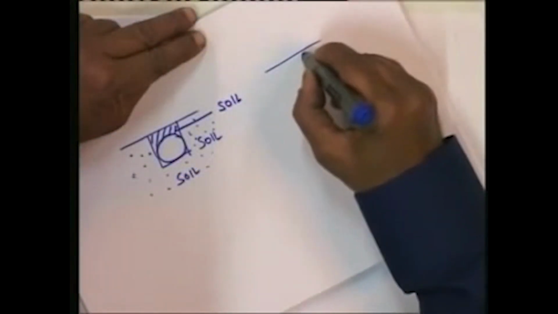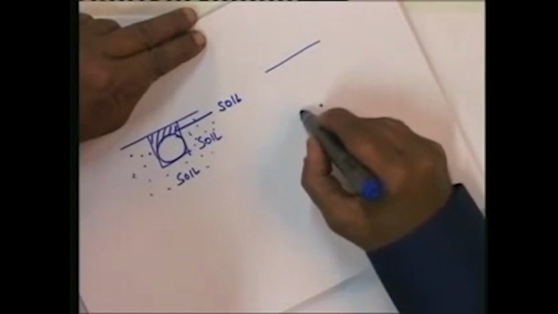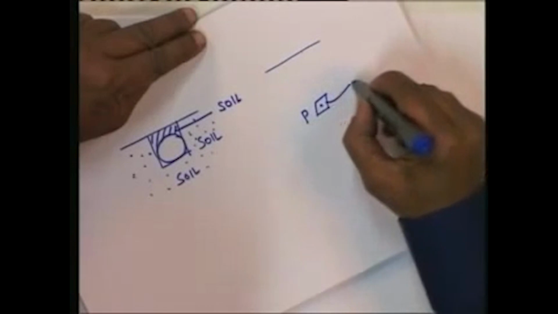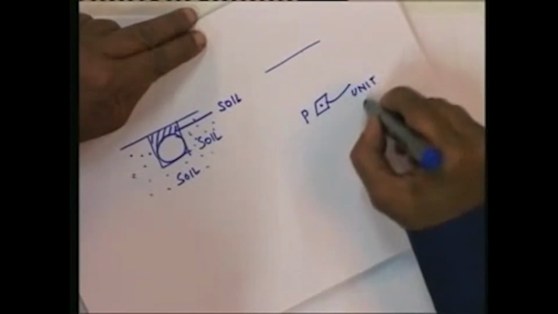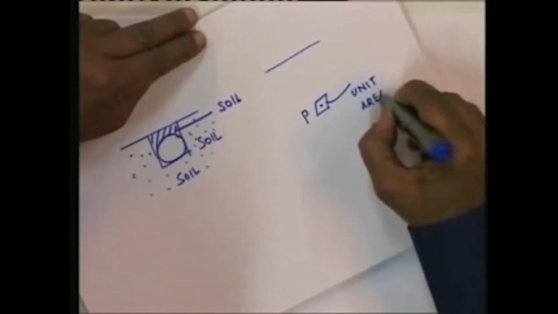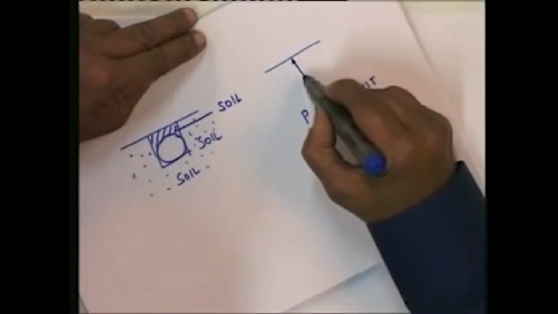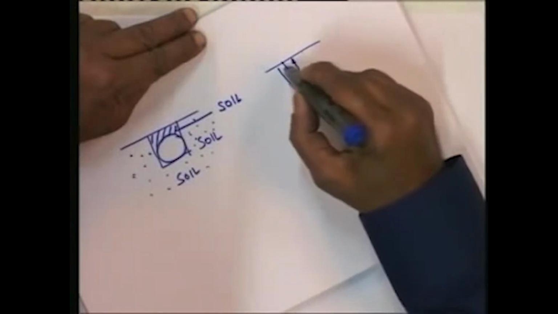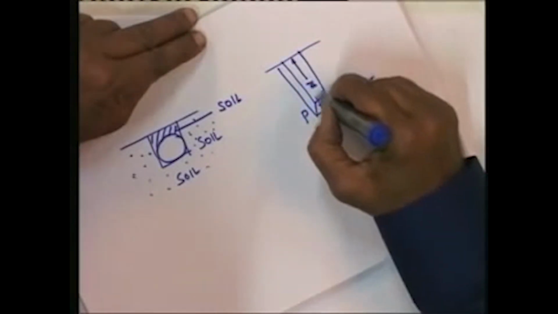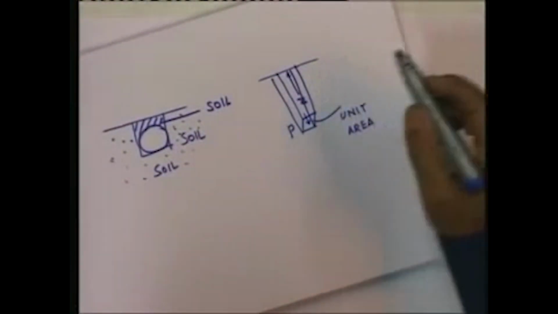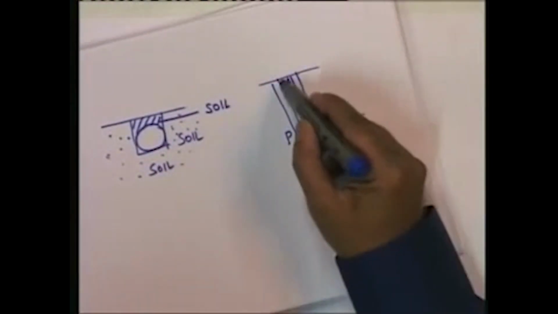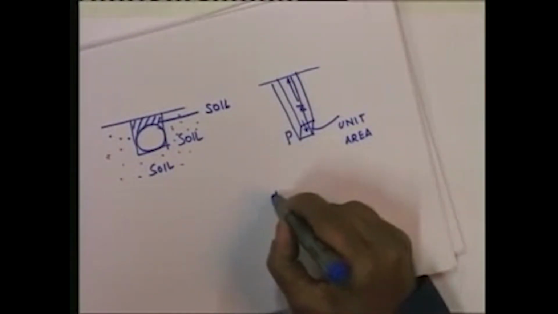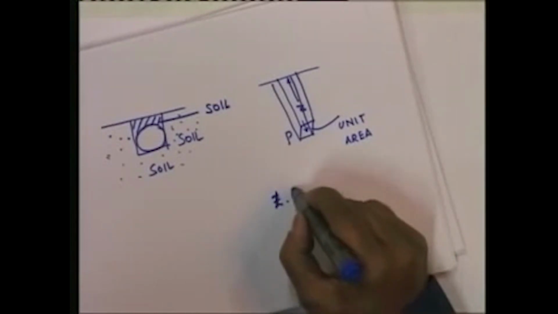Effectively we will be considering at depth a point P, we will be considering unit area around the point P, which is at a depth Z, and then consider the volume of soil that is enclosed inside this parallelepiped. The volume of soil that is enclosed in this, that is going to be the depth Z into the area which is 1.